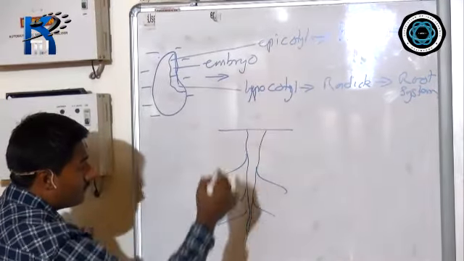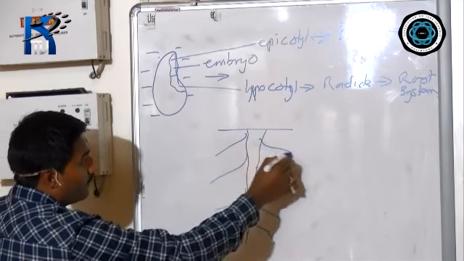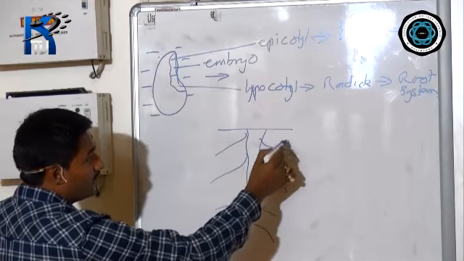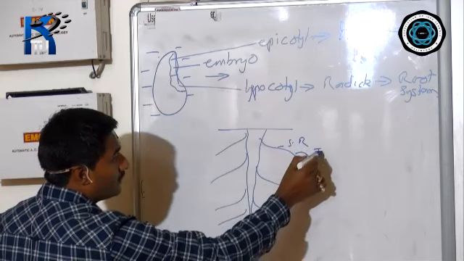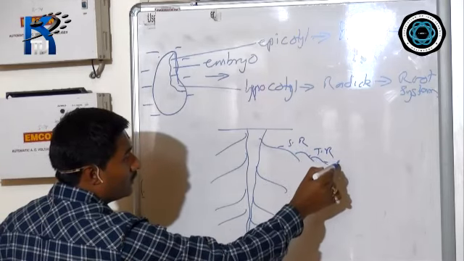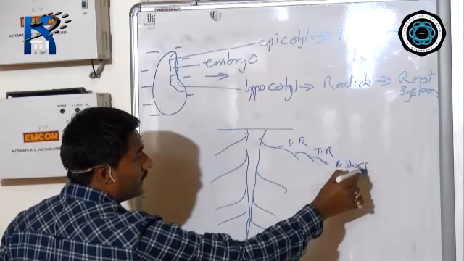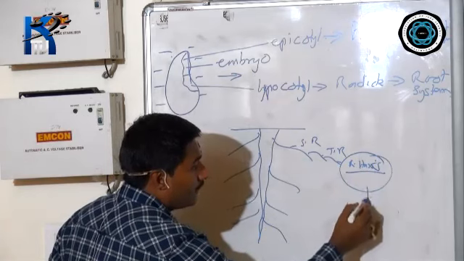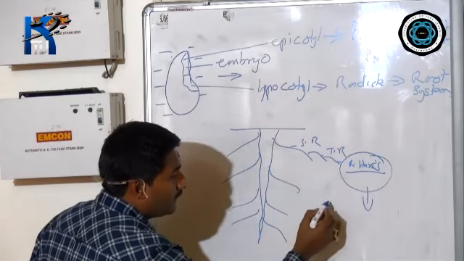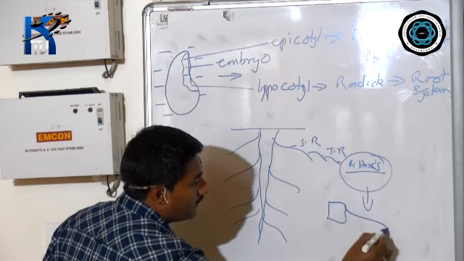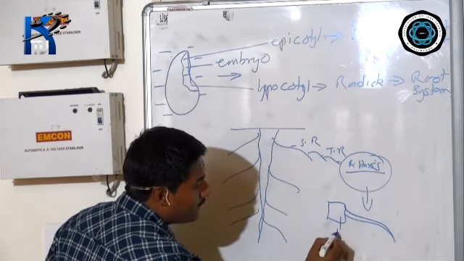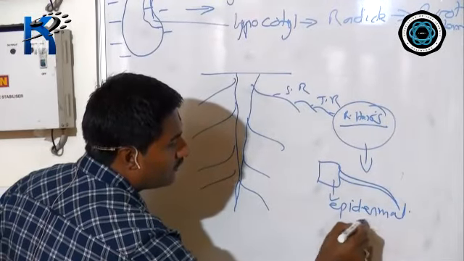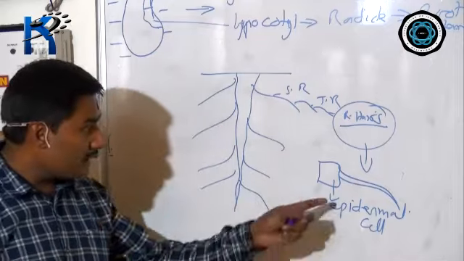The hypocotyl or radicle gives rise to the root system: primary root, secondary root, from here tertiary root, and then you have the root hairs. These root hairs are the extension of epidermal cells. I have a slide which I will show you later on.